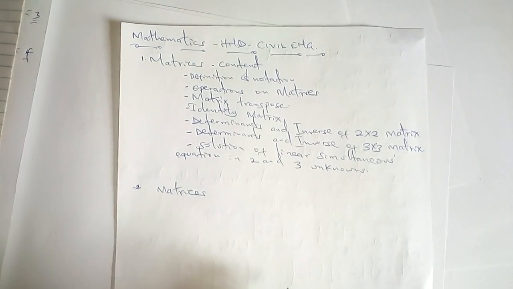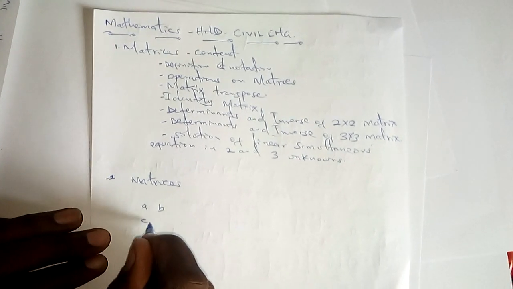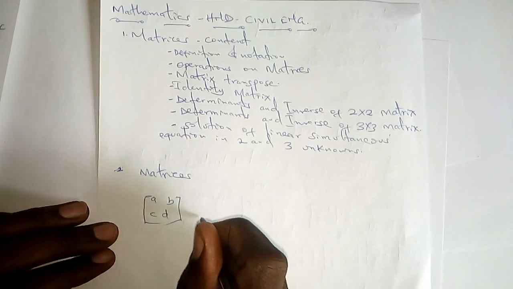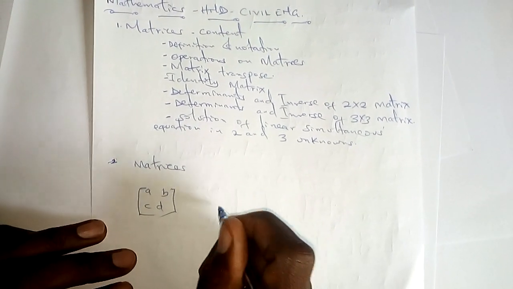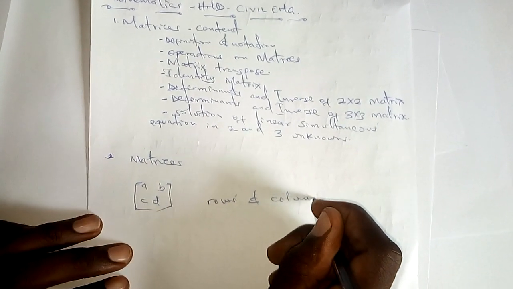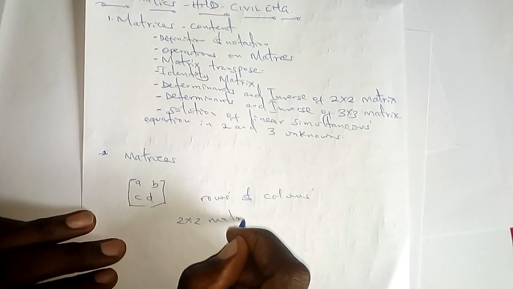Matrices are generally given in the form of A, B, C, D in matrix brackets. In terms of rows and columns, we call it a 2 by 2 matrix.